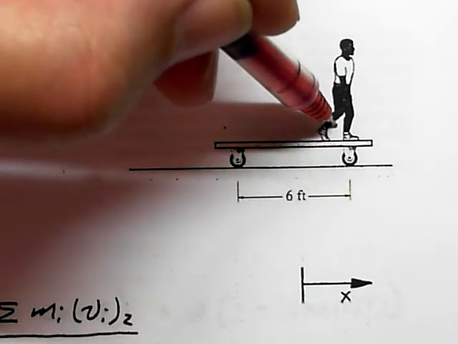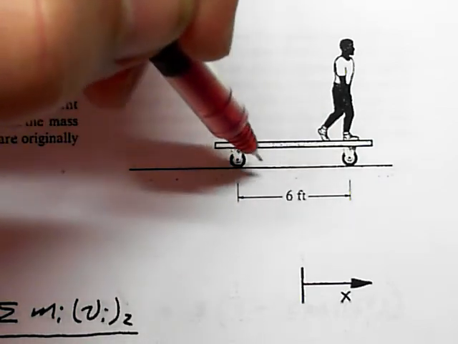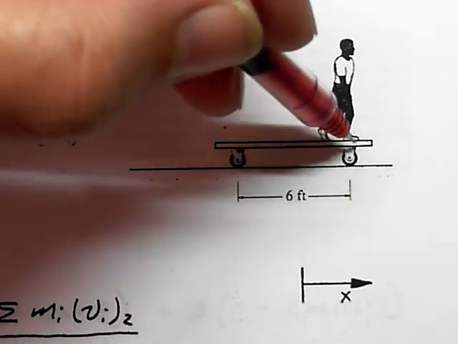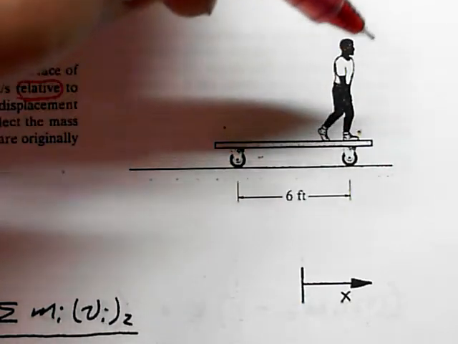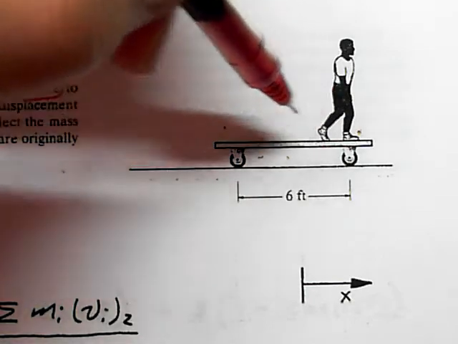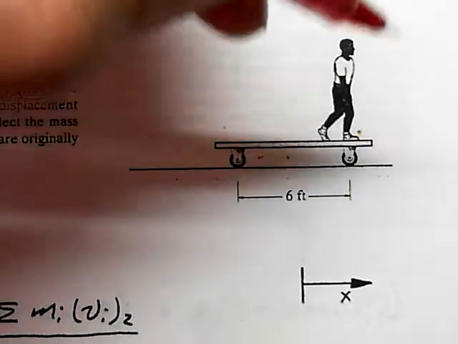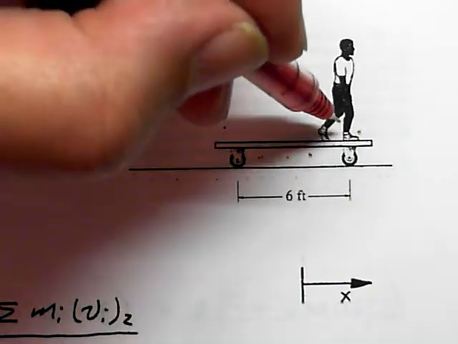Doesn't the boy's feet cause the cart to gain velocity? Absolutely. Why? Because the force in his feet causes the cart to move to the left. But doesn't the force between the cart and the boy, that friction force, cause the boy to move to the right? The friction force between boy and cart equals the friction force between cart and boy.